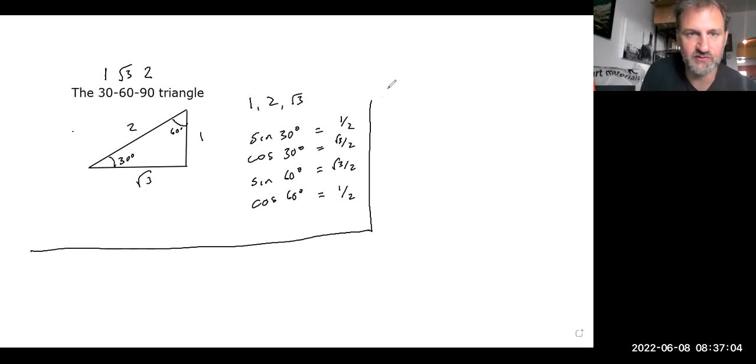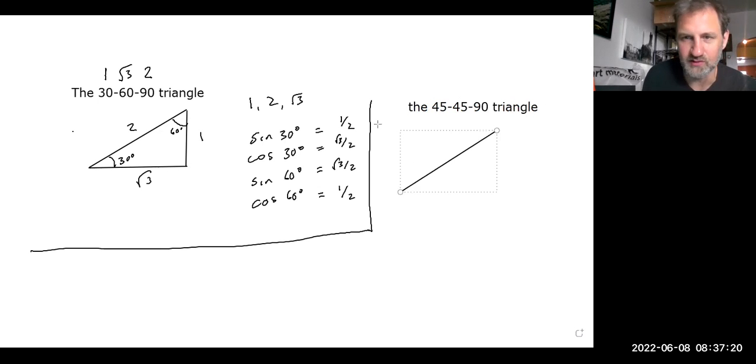The other half comes from the isosceles triangle, the 45, 45, 90. And so this triangle is just going to be, again, it doesn't really matter to have this be a perfect drawing, but I do try to make it look decent.